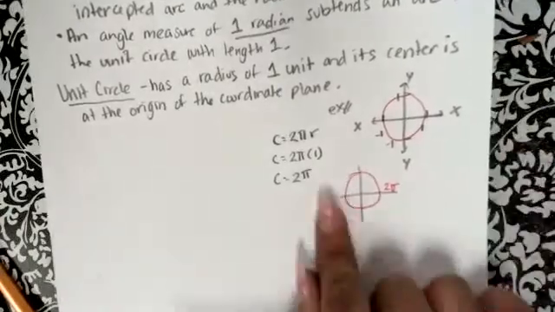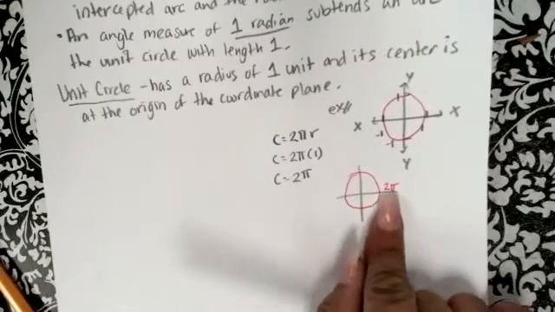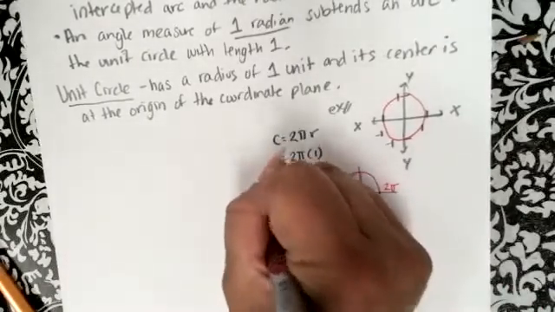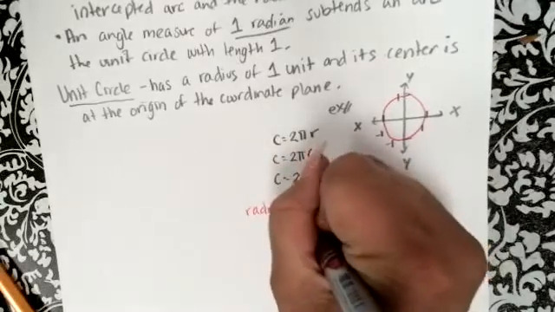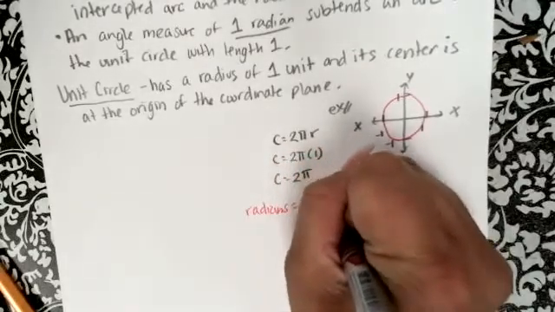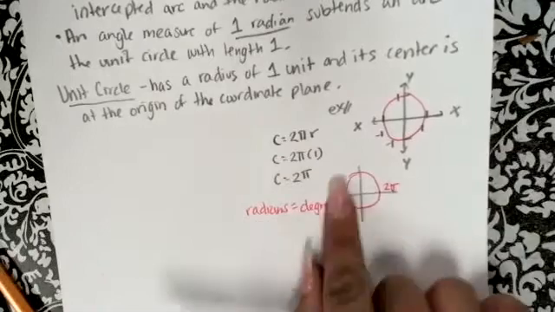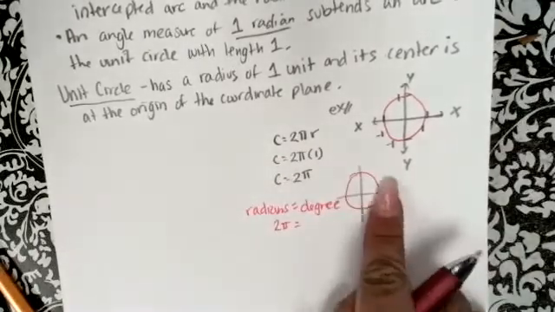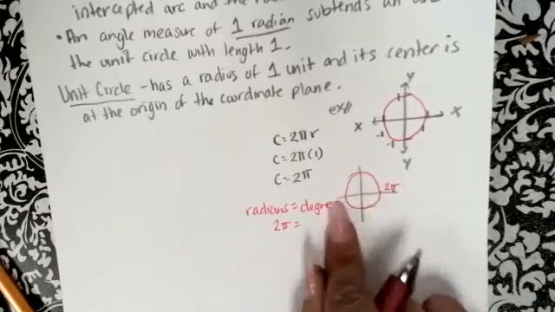Well, we also know that around a whole circle, that's 360 degrees. Hence, the radians can be equal to the degrees. On the radians, that's 2 pi. On the degrees, the same measurement around is also 360.